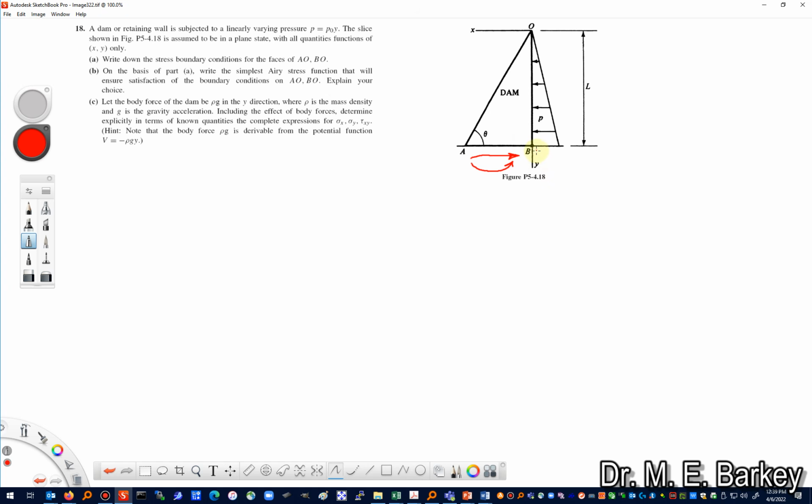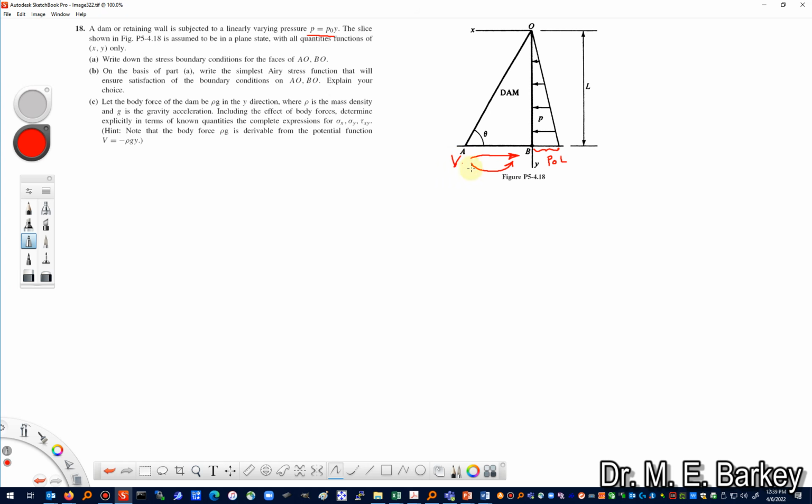All right, so over here on this side, if the function p is equal to p naught times y, then the value at y equal to L should give us the pressure on this end of p naught times L. The area of this triangle should give us the resultant force.